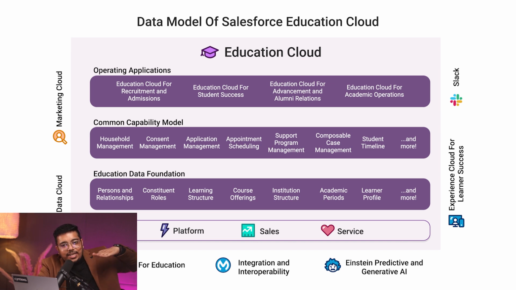Then we have operating applications, the applications that actually serve the educational institute, such as recruitment and admissions, student success, advancement and alumni relations, and academic operations, the features we talked about a few slides back. Then we have connectivity with Data Cloud, Marketing Cloud, and Slack. We have connectivity with Experience Cloud as well to provide a student success view or a student portal, which we will see in our demo.